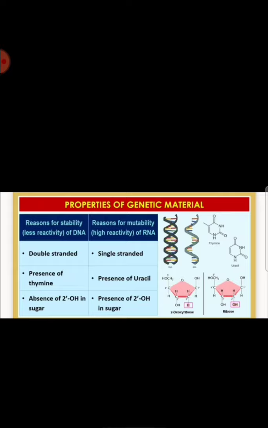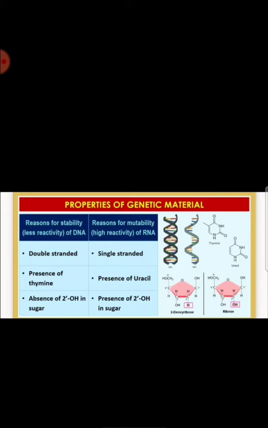In DNA also mutation occurs, but compared to RNA, DNA is more stable. That means it is less reactive. So the DNA is stable in the sense it will not react more. And RNA, because it is more reactive, is prone to mutation. So we call it the reason for mutability or high reactivity of RNA.